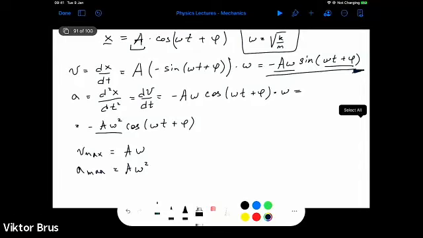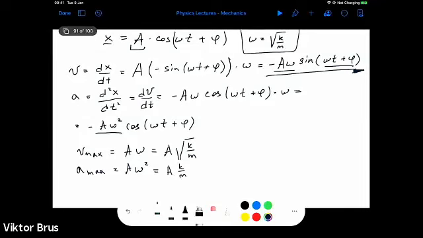So omega is equal to the square root of spring constant divided by m. Then, based on these equations and properties of the system, we can define the maximum velocity and acceleration. That will be a, the maximum displacement amplitude, times the square root of k divided by m. And the same here, a, but without the square root, because here it is omega squared, so it will be a times k divided by m.